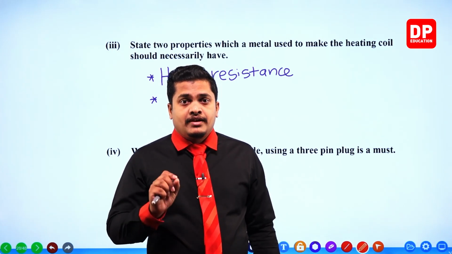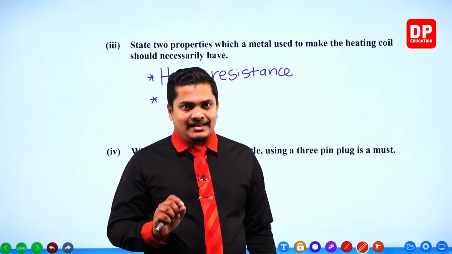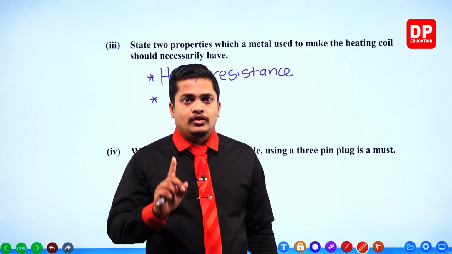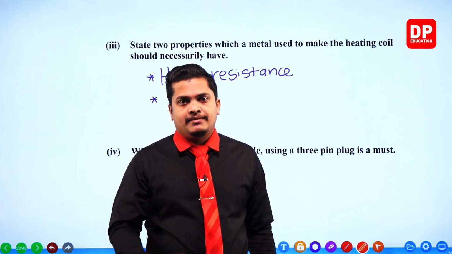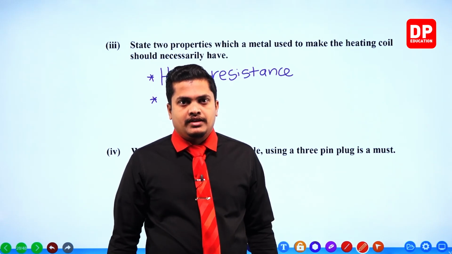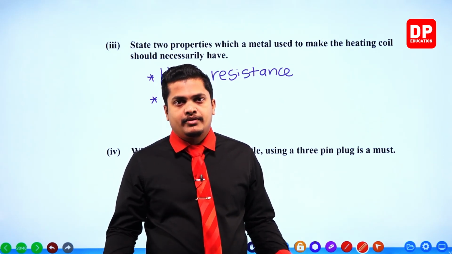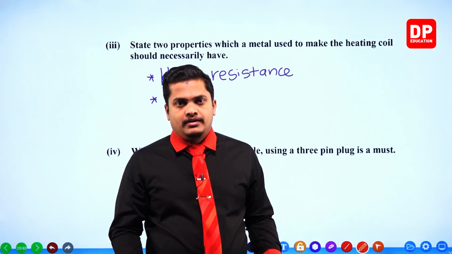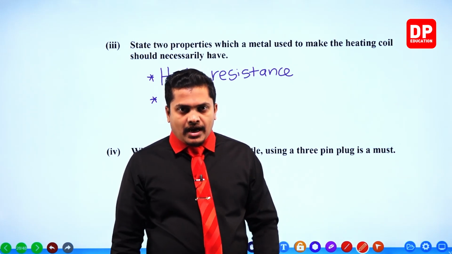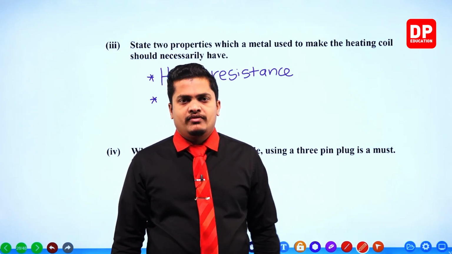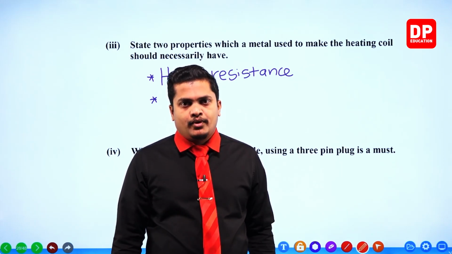So therefore, we need to use a certain material with high resistance and also it should have a high melting point too. Otherwise, we won't be able to use that thing, right? So with high resistance, the other most important factor is a high melting point.